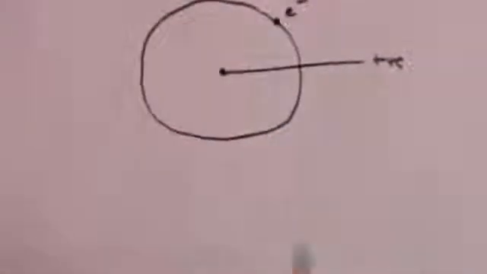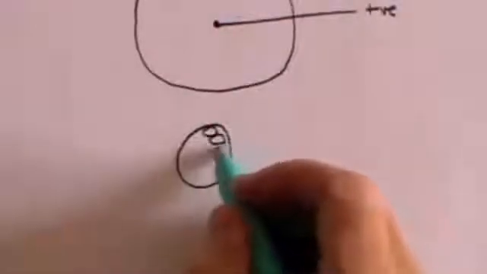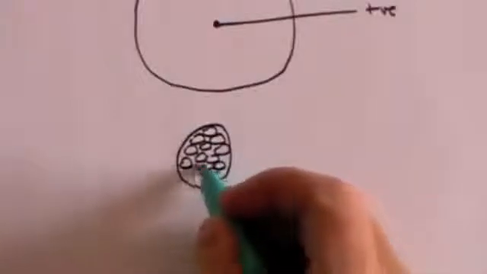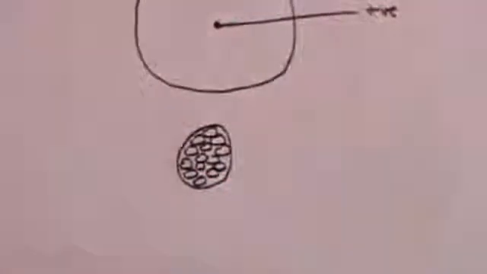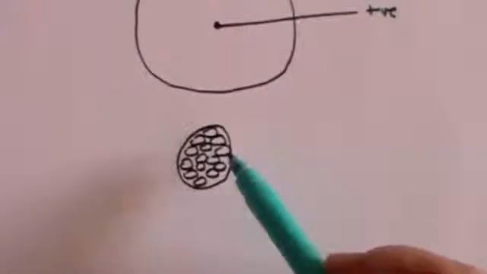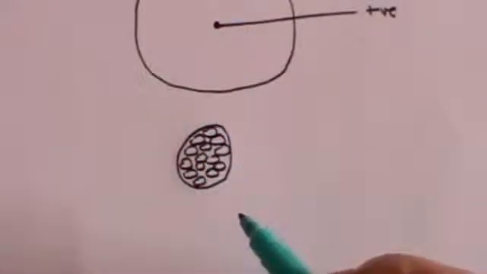We now know that this central nucleus is made up of protons and neutrons all held together within the nucleus. Protons are positively charged, neutrons have no charge, and that begs the question: if protons are positively charged, they ought to repel one another, because like charges repel, and if they repel each other there shouldn't be a nucleus, because it shouldn't be possible to have two or more protons in a nucleus.